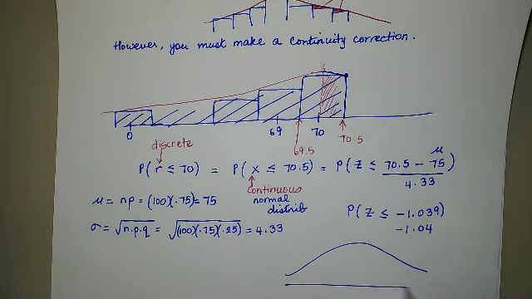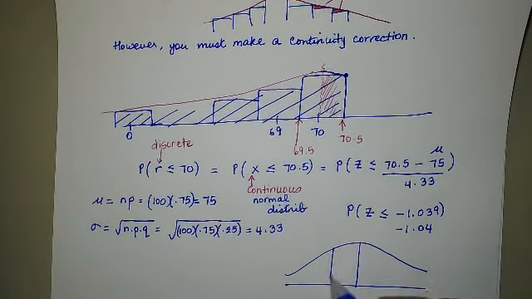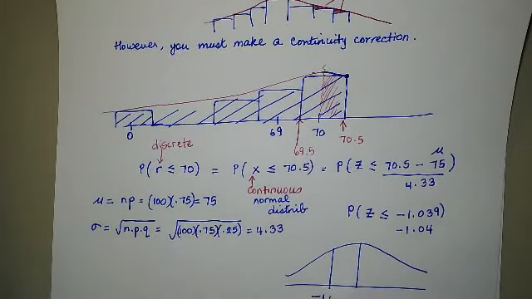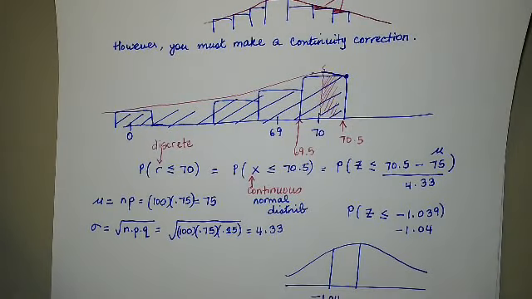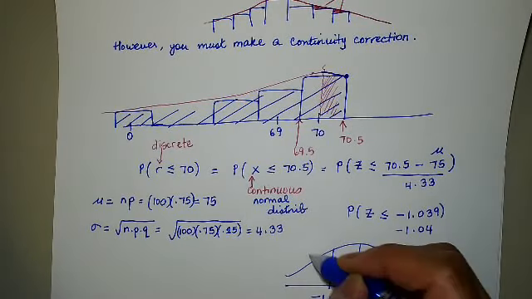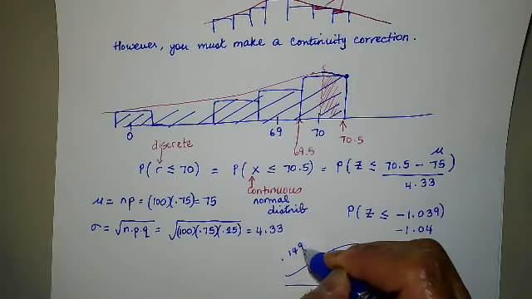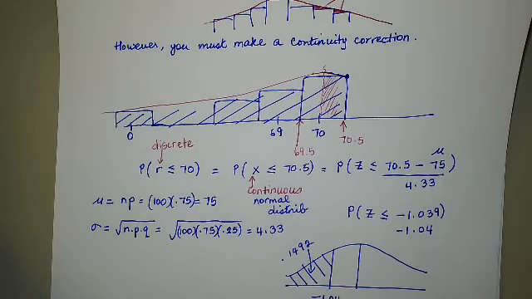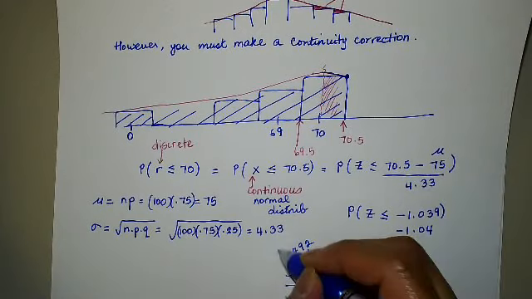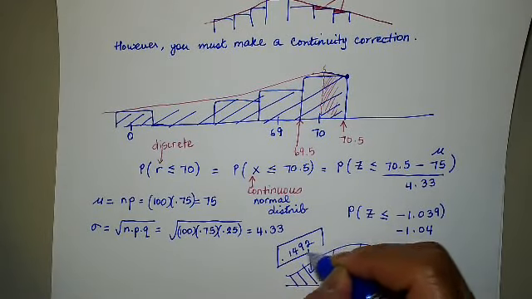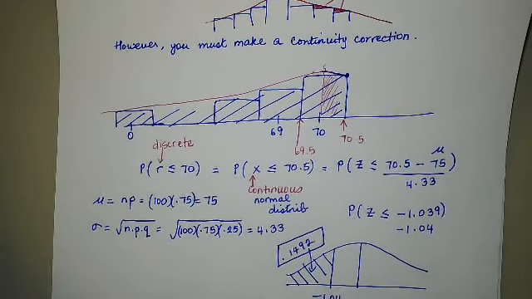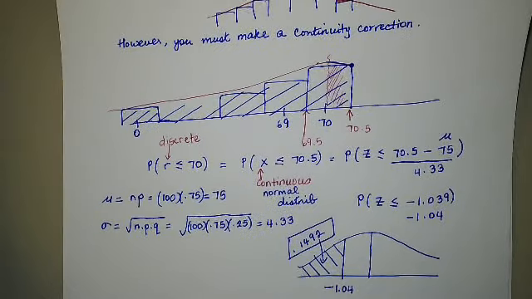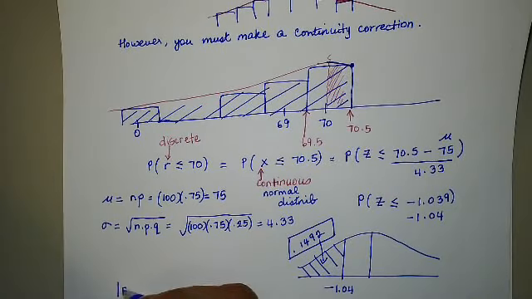We're going to round that to minus 1.04. Then I go to my z table and I look up minus 1.04 and I see 0.1492. And I'm done. That's my answer. That's my answer by approximation.